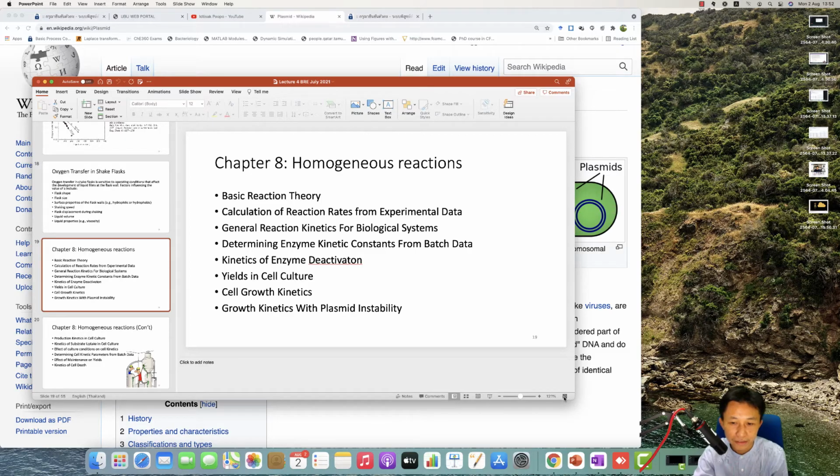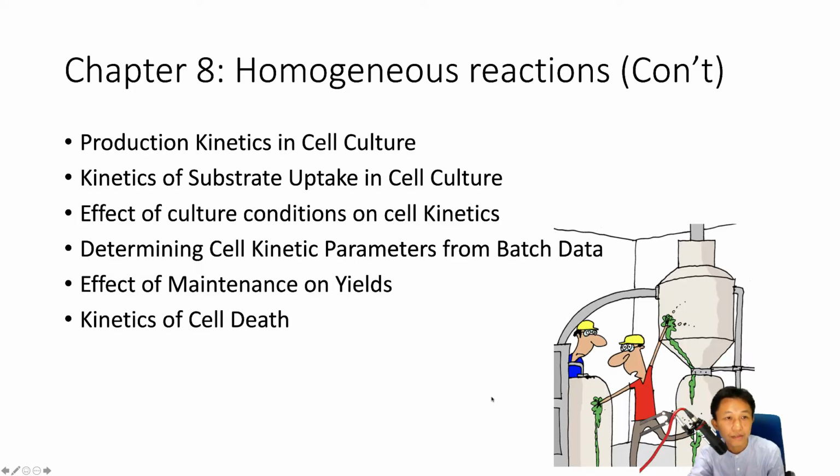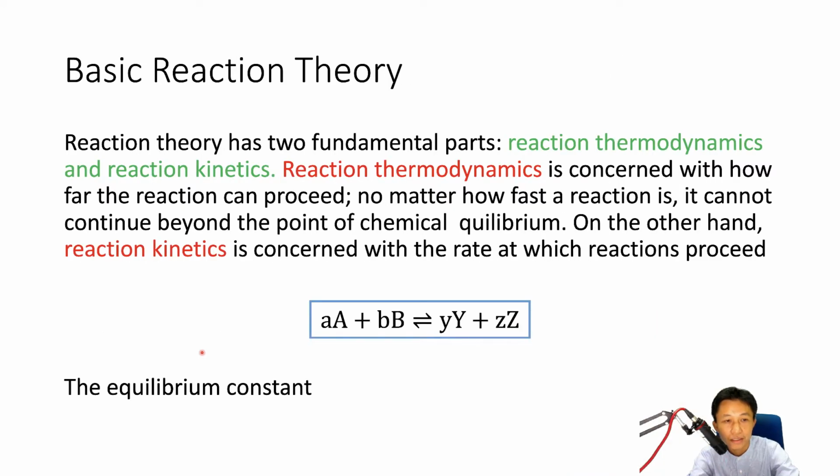And then we discuss production kinetics, and finally we will discuss the kinetics of cell death inside the cell culture. And in reaction there are two fundamentals: thermodynamics and chemical kinetics.